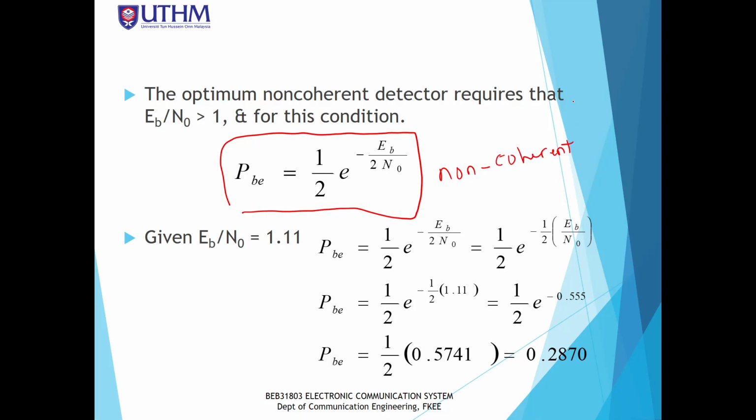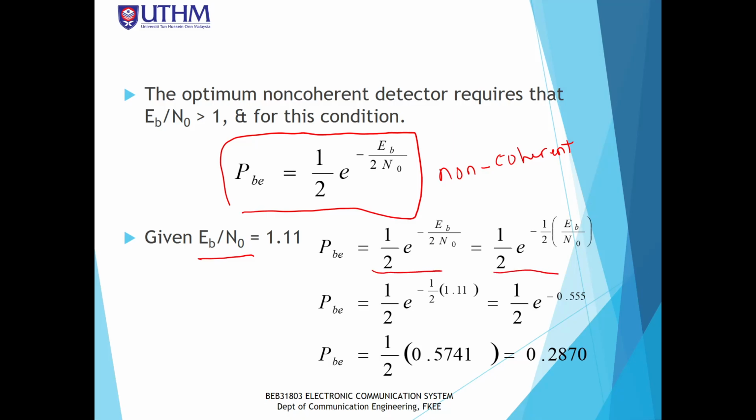Remember, non-coherent means that we are not using carrier information to do the demodulation process. Given the example, Eb over N0 is equal to 1.11, find the probability of bit error. Using non-coherent, you can use these equations.